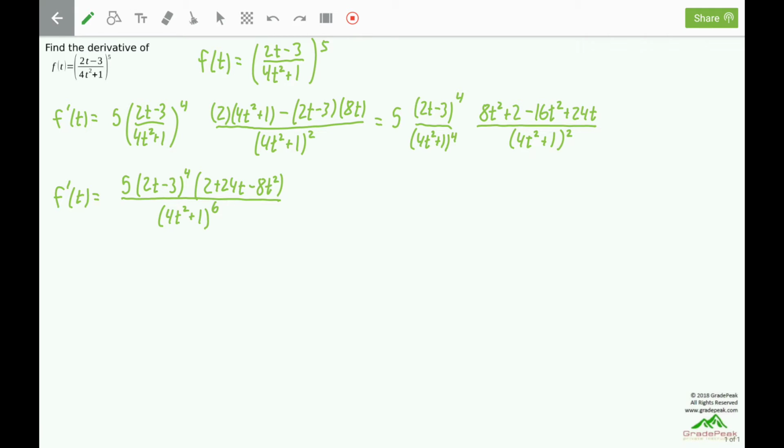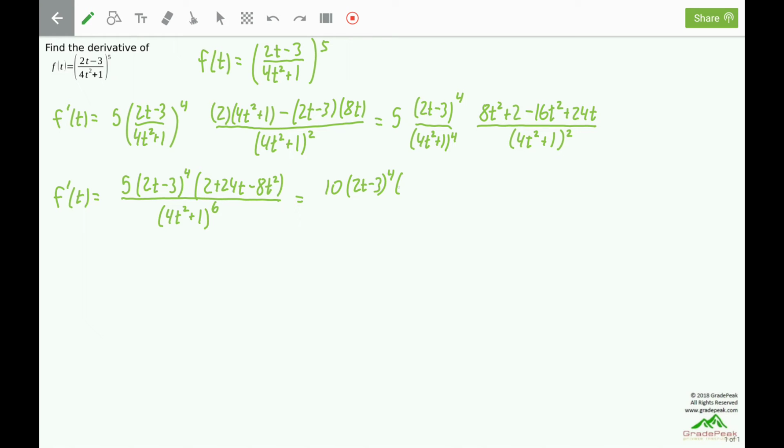The last thing we can do is there is a 2 that factors out of this expression here, common factor of 2. And that 2 can be moved, since everything's multiplying, to the front here with that 5. So that'll become a 10. But it's being taken out of the expression right there.